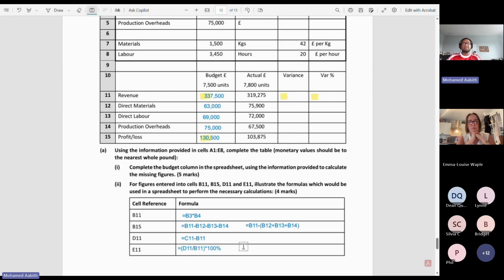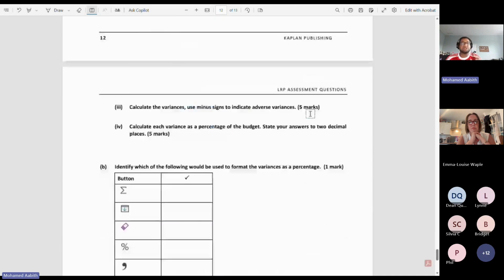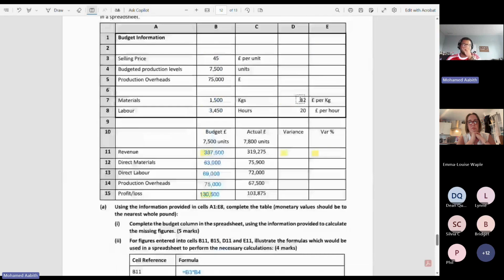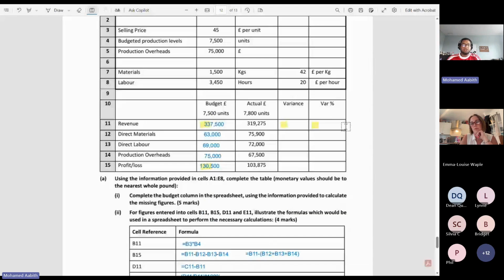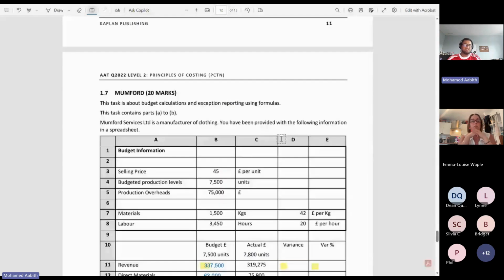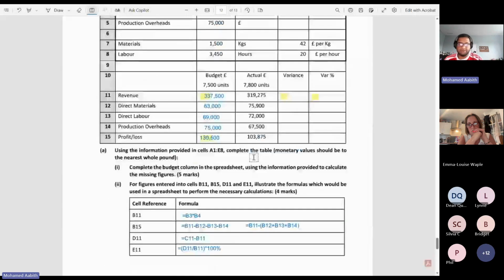If you just do this and then choose the percentage formatting option, it will do it automatically, but they haven't said anything as such. They're saying here, calculate the variance as a percentage of the budget, so we need to make sure we put the 100% on there, otherwise it won't come up here.